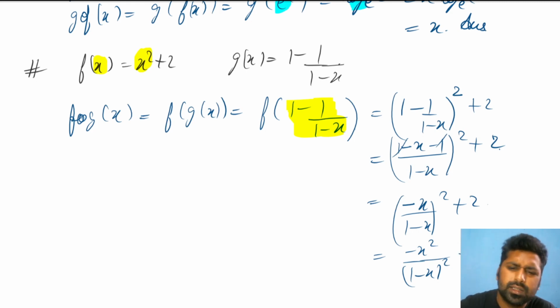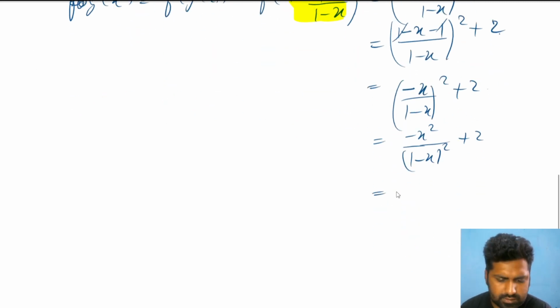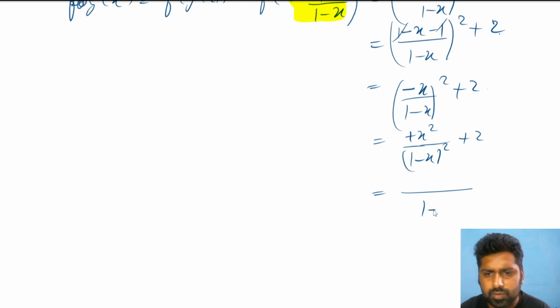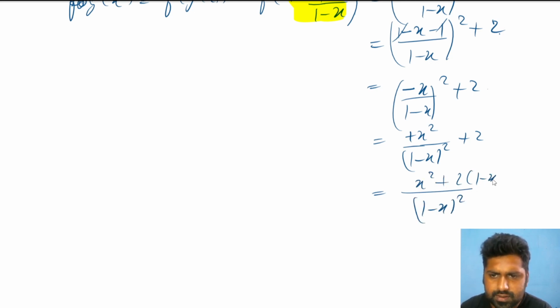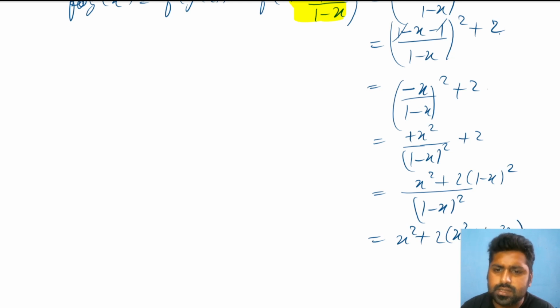If you want to take the LCM, still you can go for this. This will become plus actually. Now you can take LCM. 1 minus x whole square plus 2 bracket 1 minus x whole square, and further solve that. x square plus 2 times x square plus 1 minus 2x upon 1 minus x whole square.